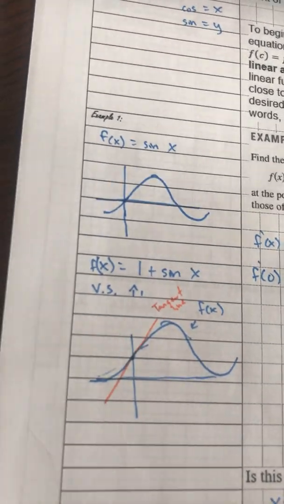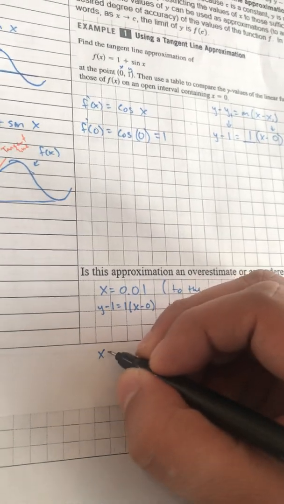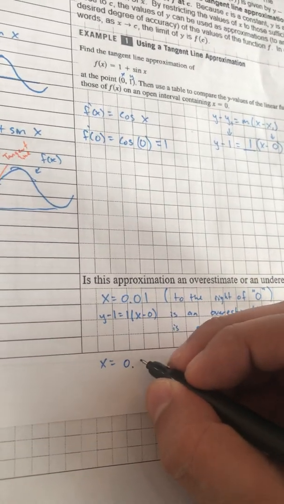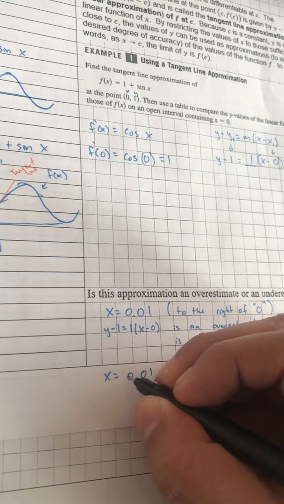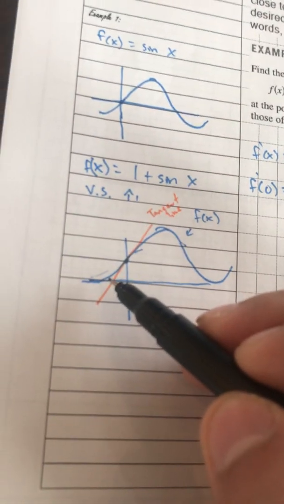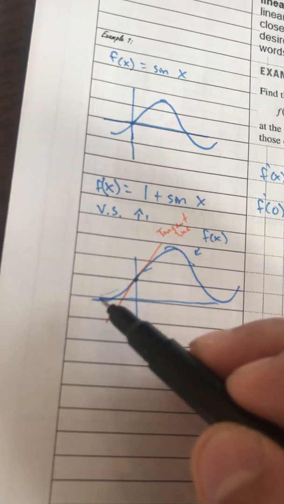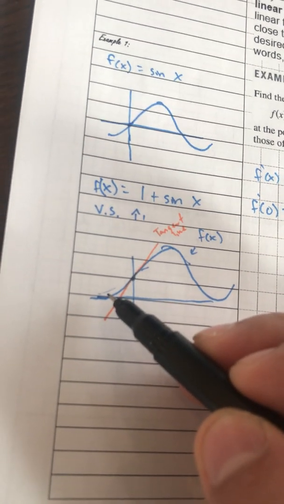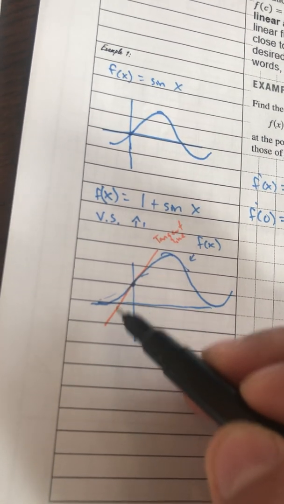Now let's do the reverse, on the left side. How about x is equal to negative 0.01? So now we're not looking at the right side, we're looking at the left side. You see how the original function is over the tangent line, it's greater than the tangent line.